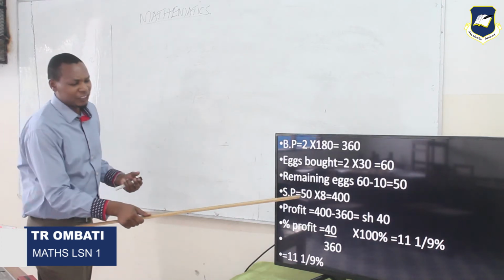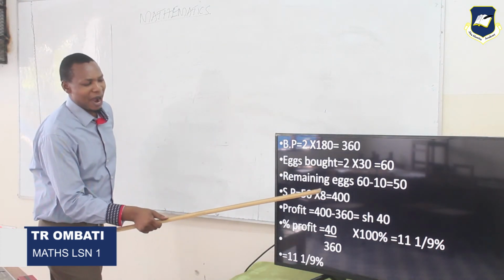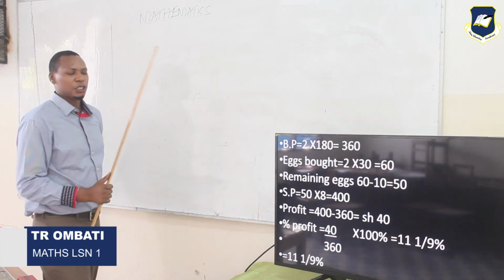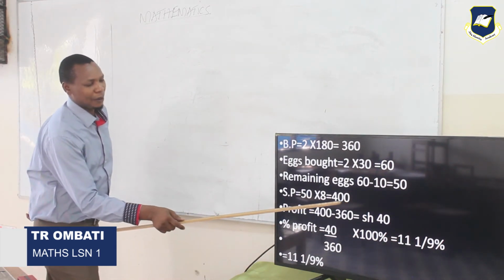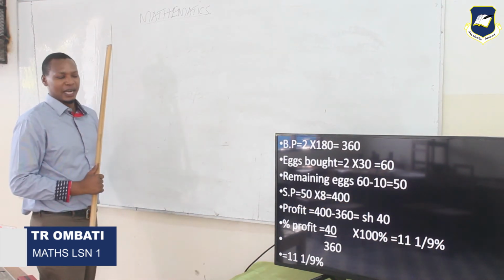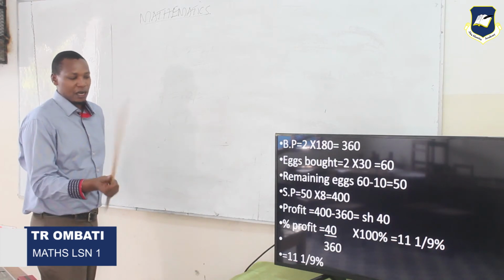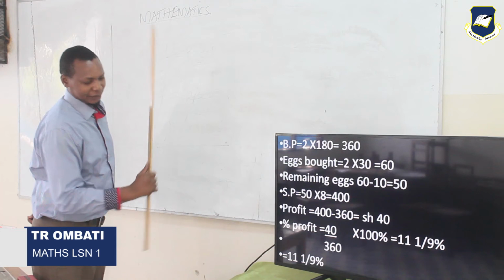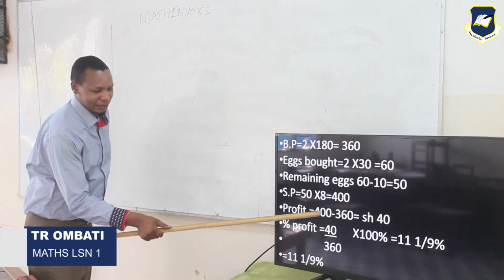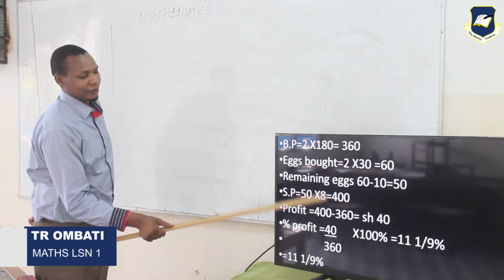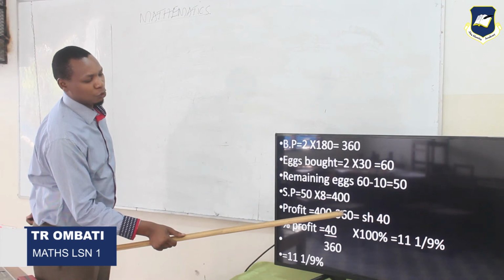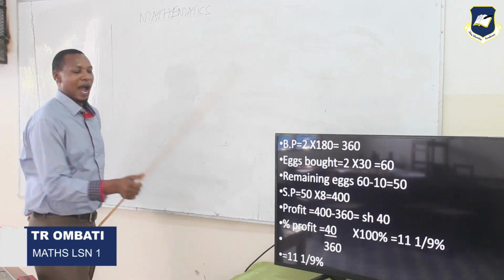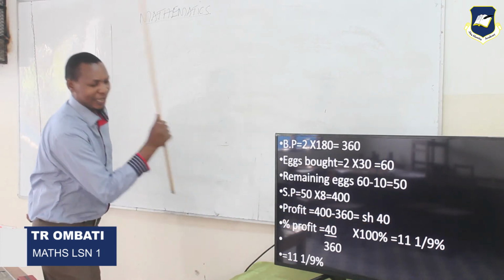So we have 50 eggs multiplied by 80 shillings each. We get our selling price at 400 shillings. So what's the profit? Profit is the selling price minus the buying price, which is 400 minus 360. So our profit is 40 shillings.